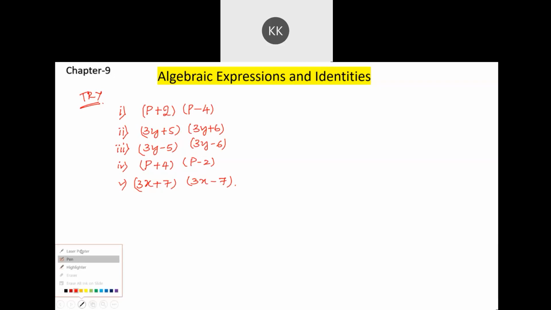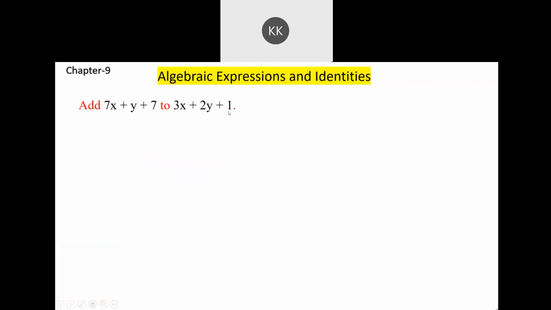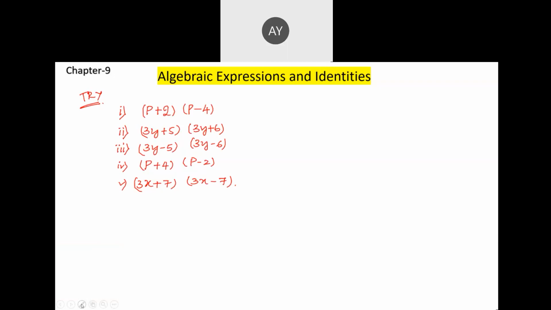Can you tell the answers for these questions? First one: p square minus 2p minus 8. And sir, second answer is 9y square plus 33y plus 30.